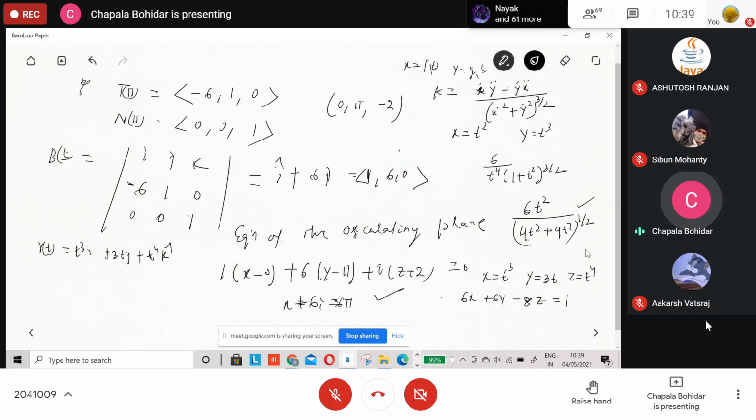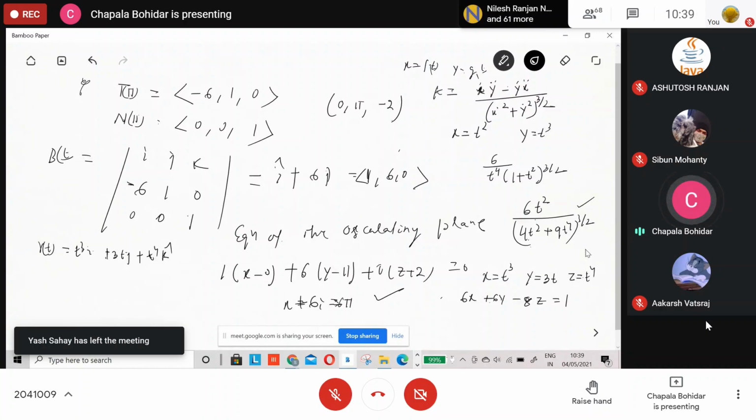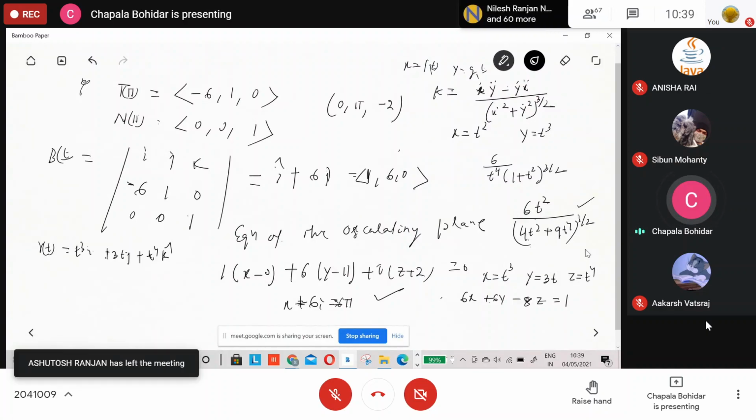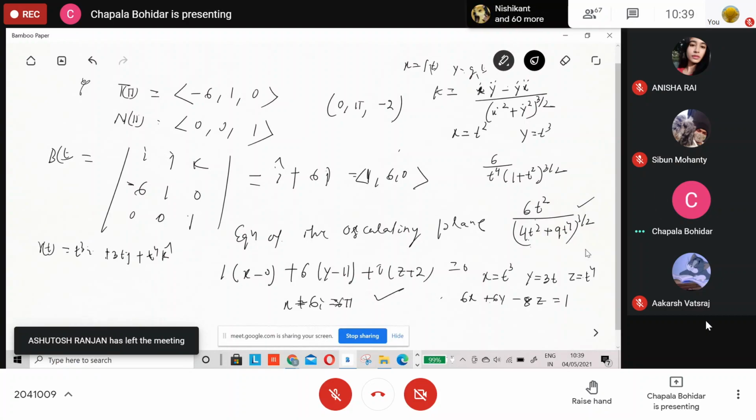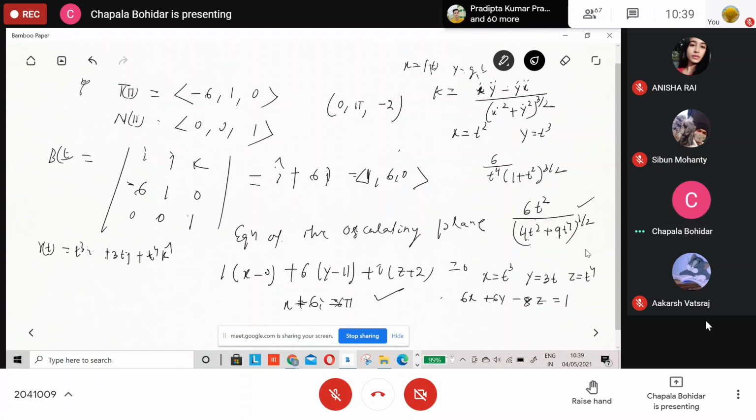So to find out the normal vector, the question says: at what point on the curve is the normal plane parallel to the plane 6x plus 6y minus 8z? Okay, that is the normal plane.